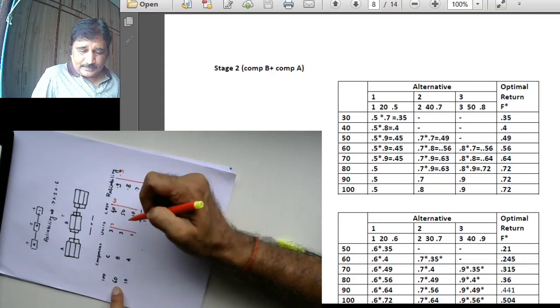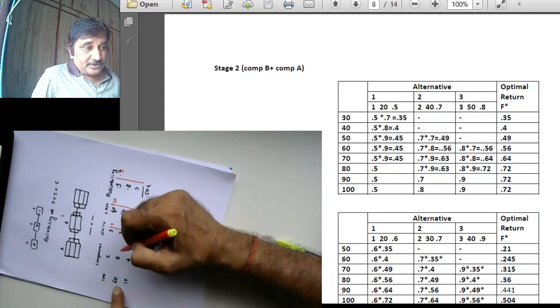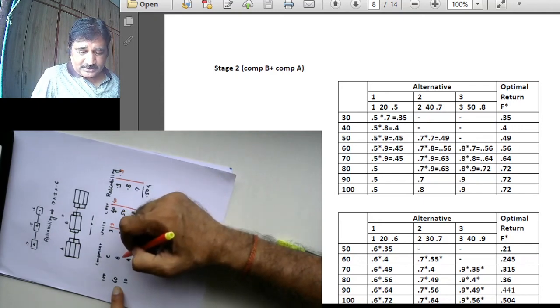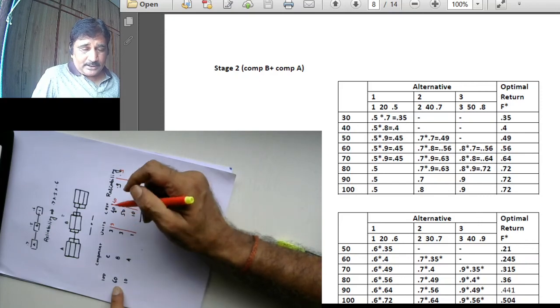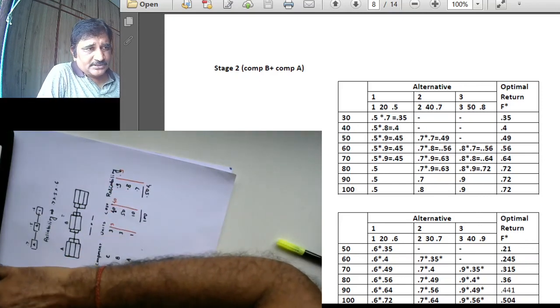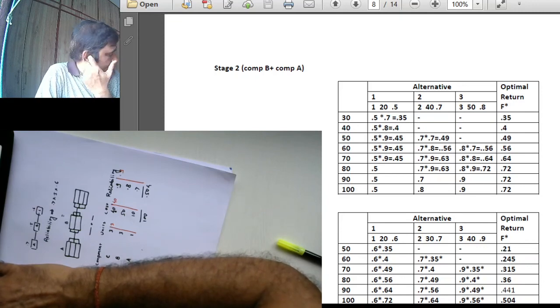So, 60 rupees were remaining for component B. And for 60 rupees, when we searched, the optimum return was 0.56. We have already considered this alternative as a part of the second solution.